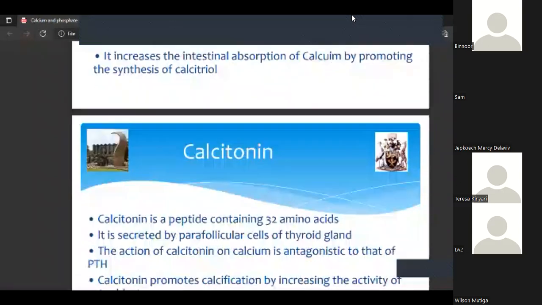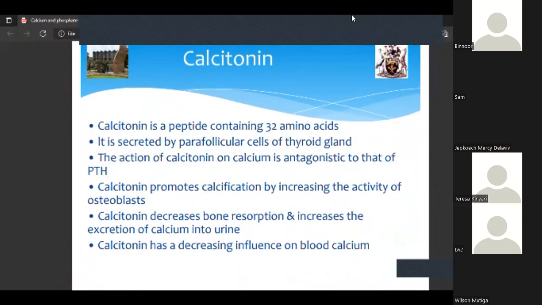Let's talk about calcitonin. Calcitonin is a peptide containing 32 amino acids. It is secreted by the parafollicular cells of the thyroid gland. So remember, parathyroid hormone is from the parathyroid gland, but calcitonin is from the thyroid gland. And the action of calcitonin on calcium is actually the opposite of what parathyroid hormone does.